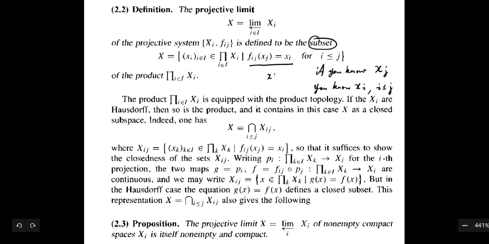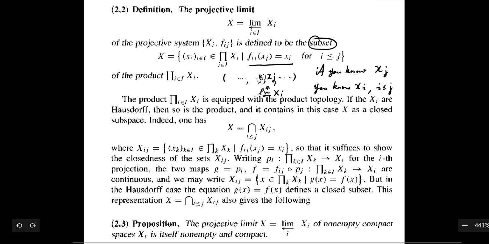So if xg is an element of the inverse limit, you know all the earlier elements by this formula.